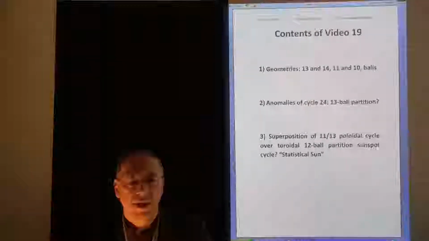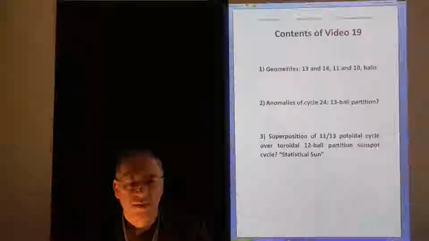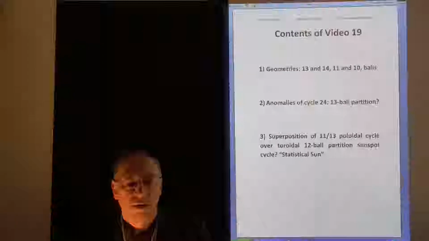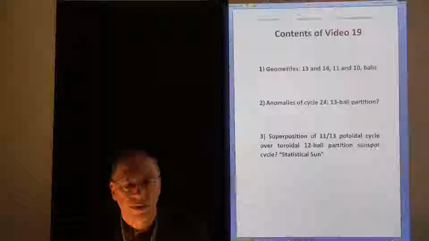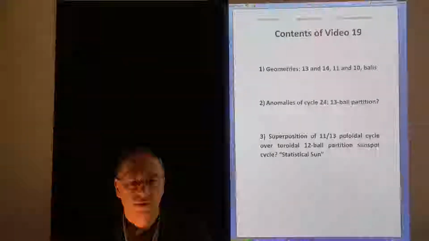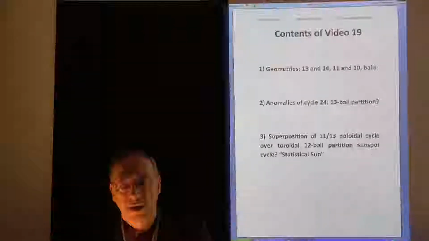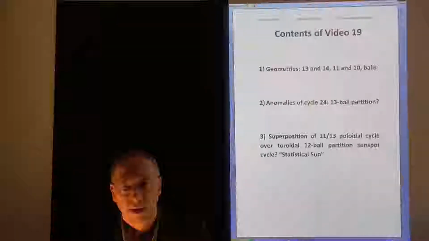In video 19 we start with introducing and briefly investigating these possible geometries for the numbers of partitioning balls in a circumscribing sphere of either 14 and 13 for the long cycles and either 11 or 10 for the shortest cycles.